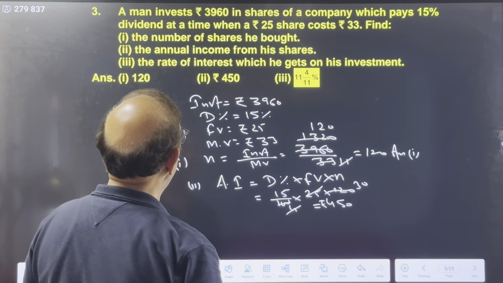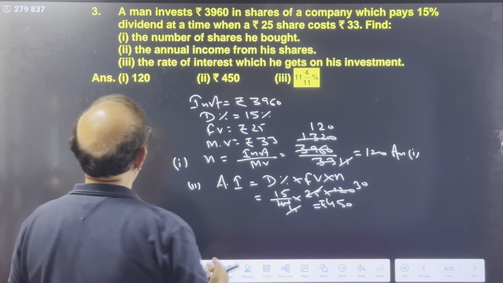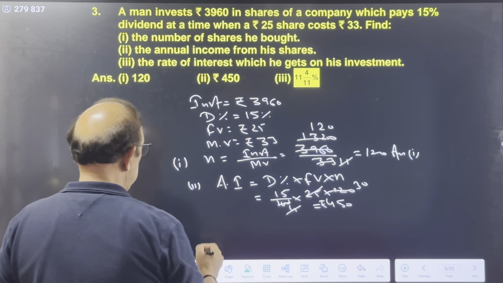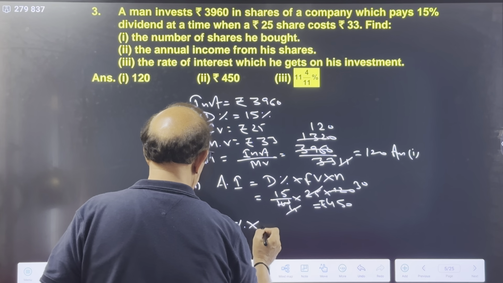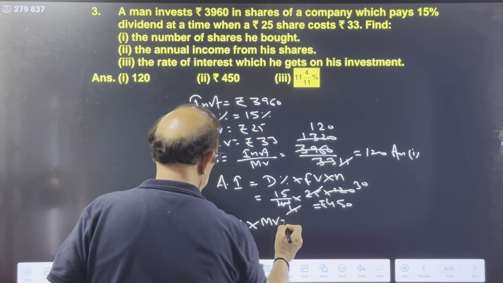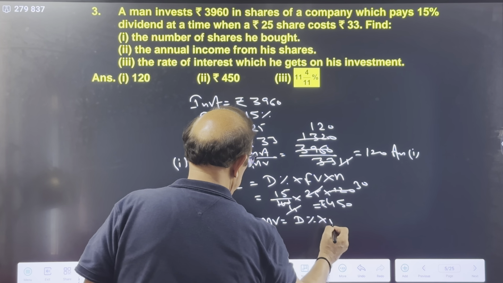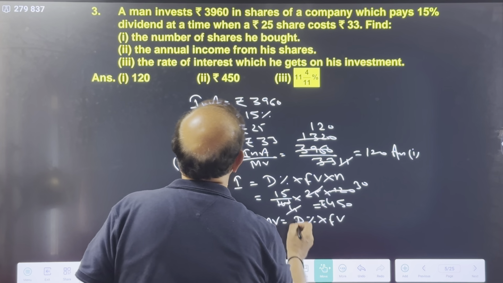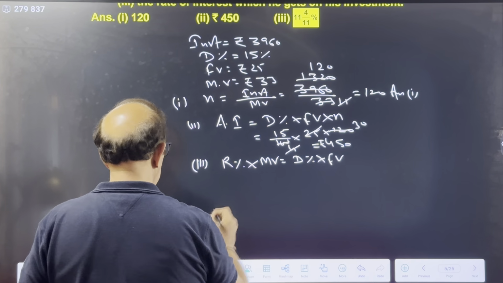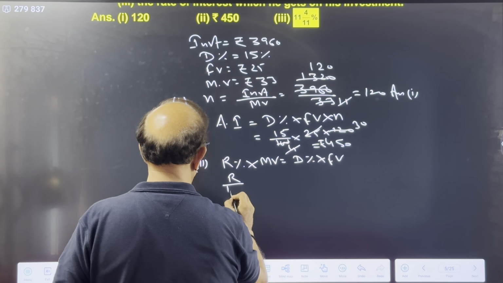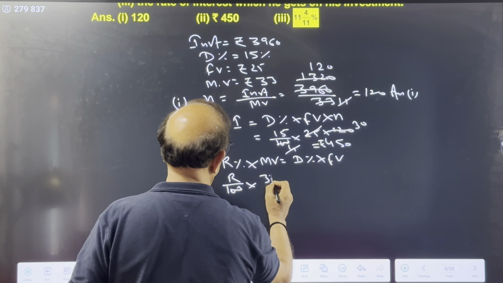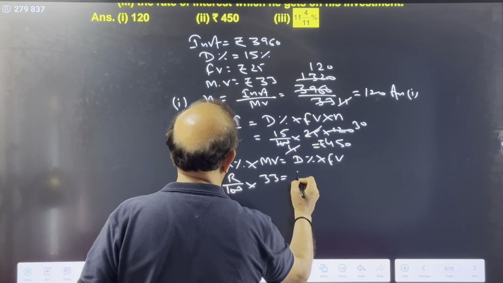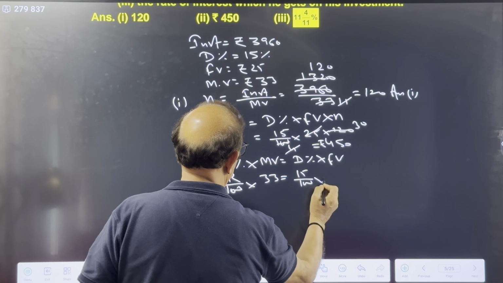Now next, rate of interest which he gets on his investment. Rate of interest or rate of return, you can say, both are the same thing. This is R%. The formula is R% into MV is equal to D% into FV. Now solve it. R upon 100 into market value, which is 33. D% is 15 upon 100.